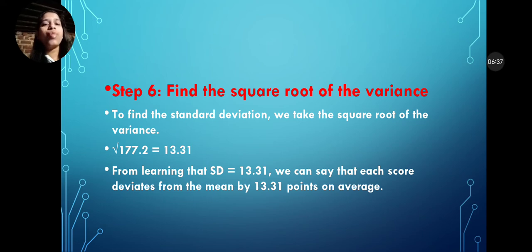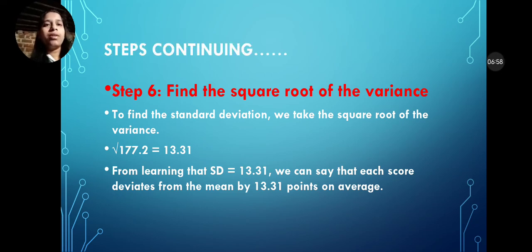The square root of 177.2 is equal to 13.31. From this we learn that the standard deviation is equal to 13.31, so we can say that each score deviates from the mean by 13.31 points on average. So this is the last step.